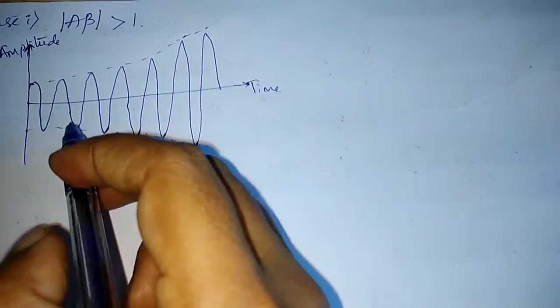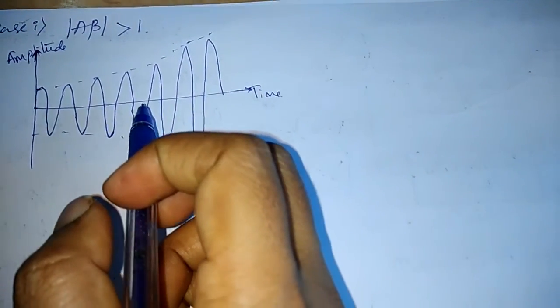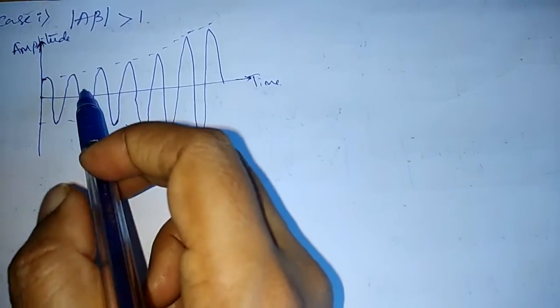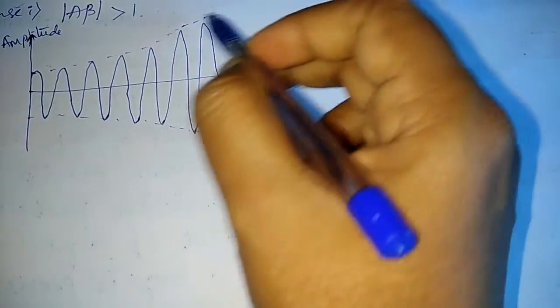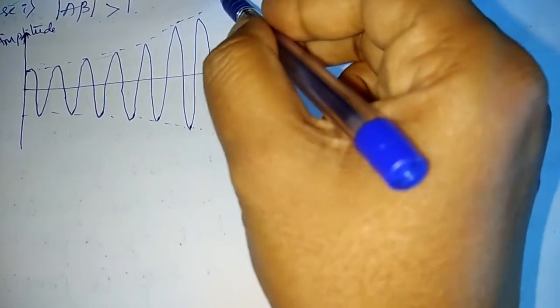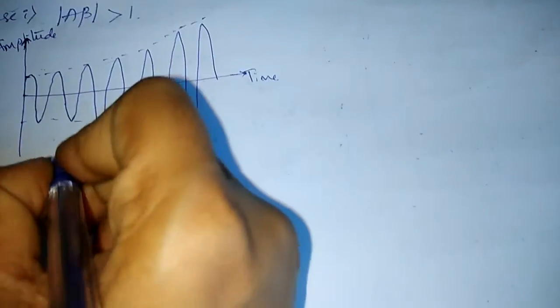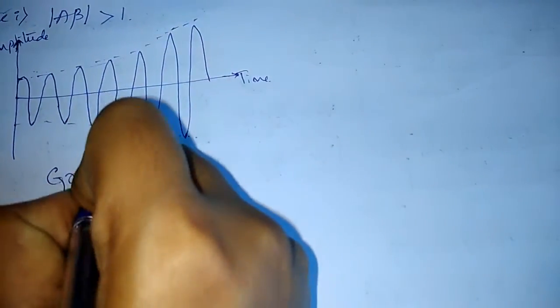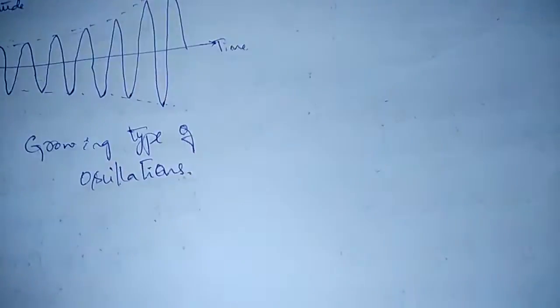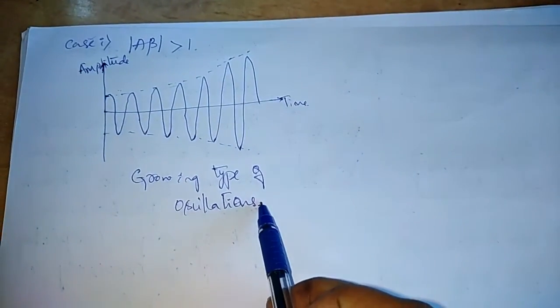The total phase shift around the loop is 360 degree or 0 degree, and if A beta is greater than 1, the oscillations are growing. As time goes on, the amplitude increases. So these are called growing oscillations.